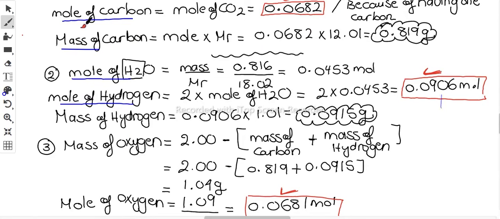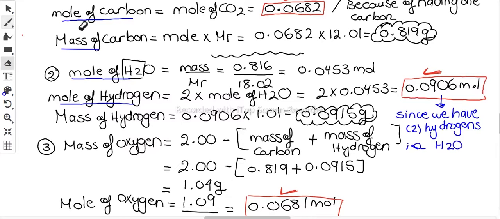Here we need to remember that it was multiplied by 2 since we have 2 hydrogens represented in the water molecule. So it is so important to remember that we should look for the number of atoms which are presented in order to know how many moles we have from the atom.